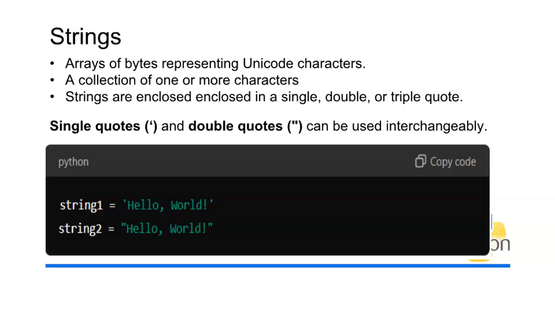Additionally, Python's support for string interpolation through f-strings or the format method enhances readability and simplifies the incorporation of variables into strings. Strings are fundamental in Python and crucial in data processing and user interaction.